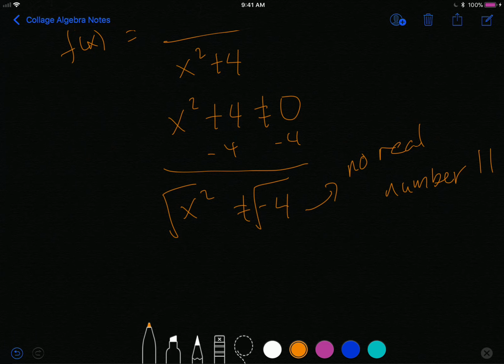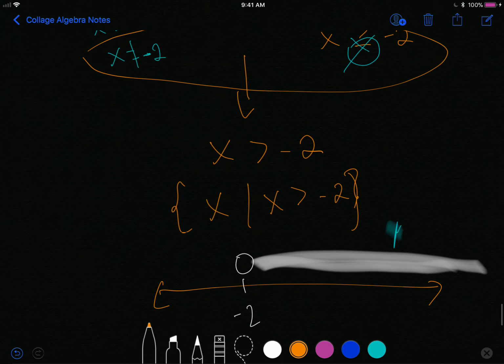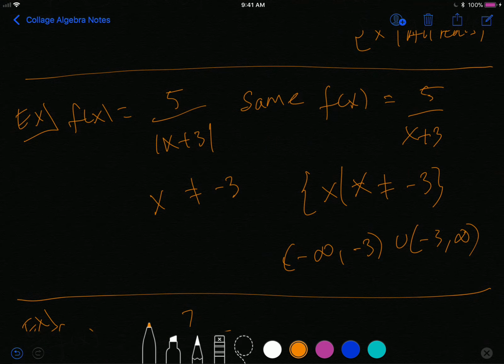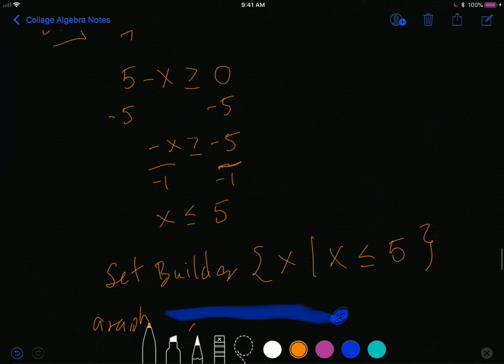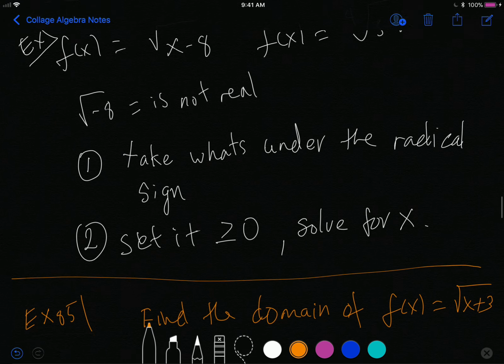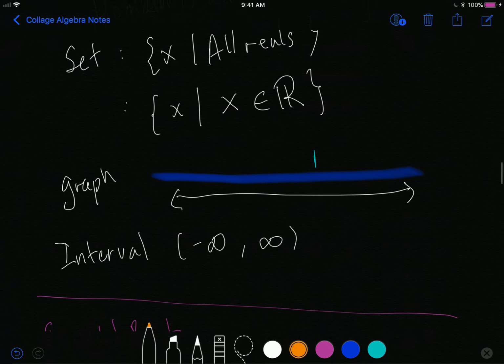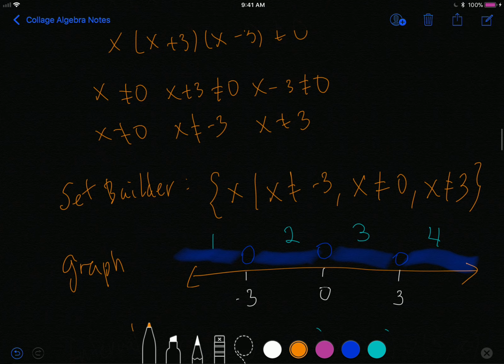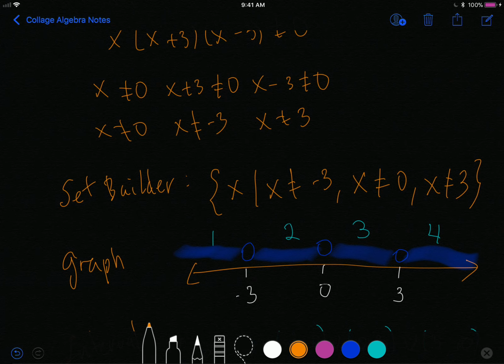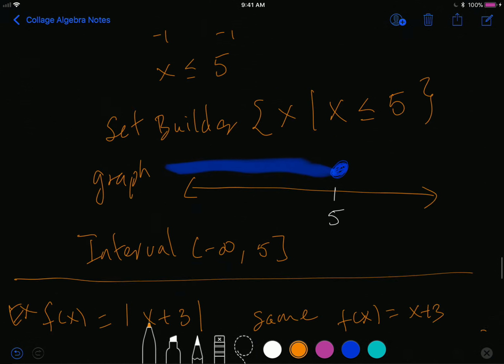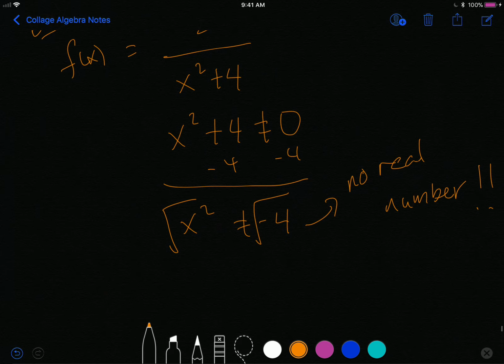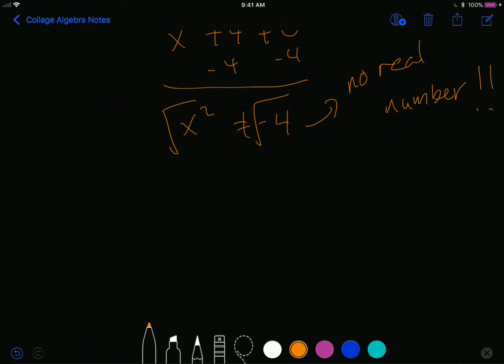So if there is no number that x does not equal, it shows up on the number line. If there is no number that x does not equal, then nothing shows up on the number line. Another way of saying this is that there are no restrictions.